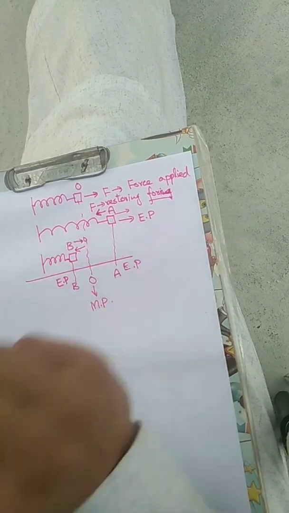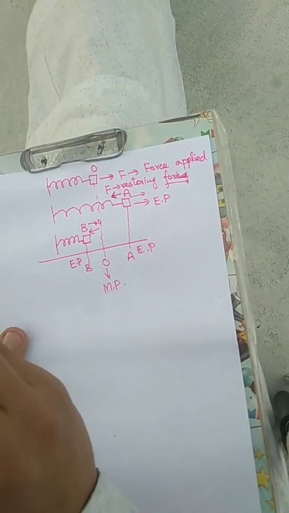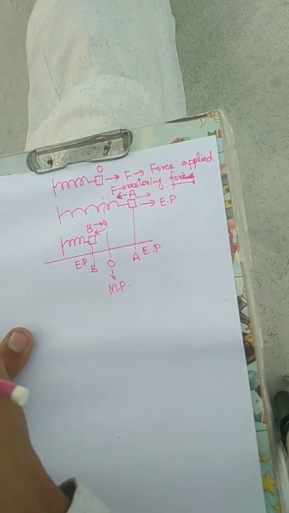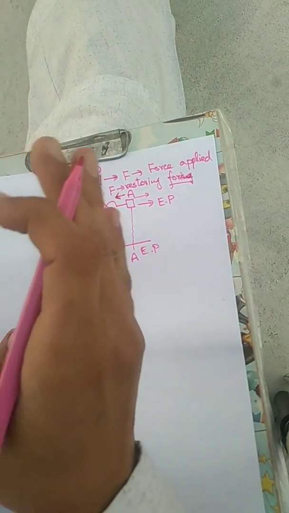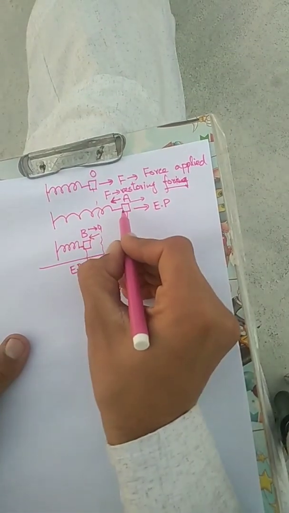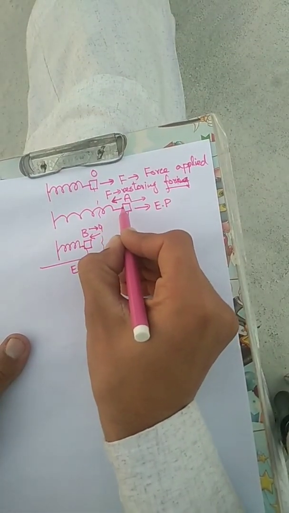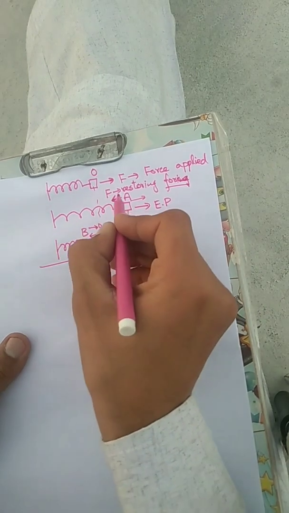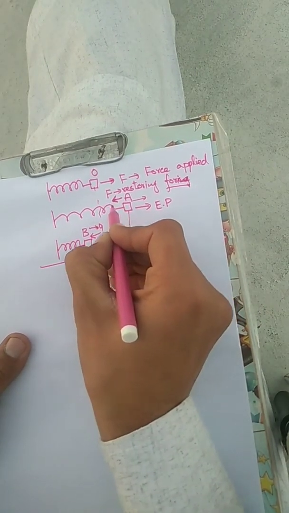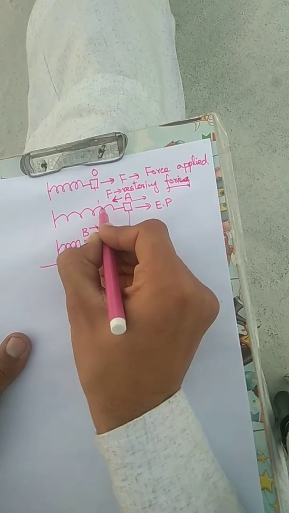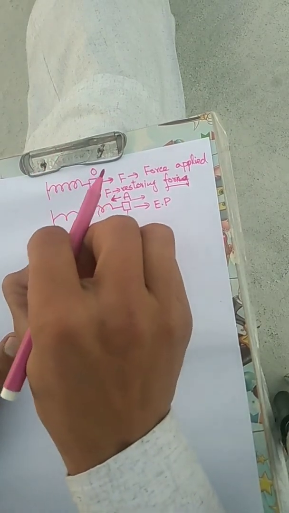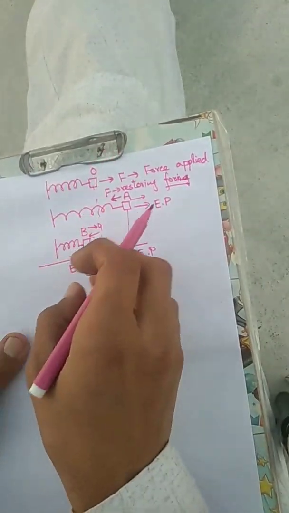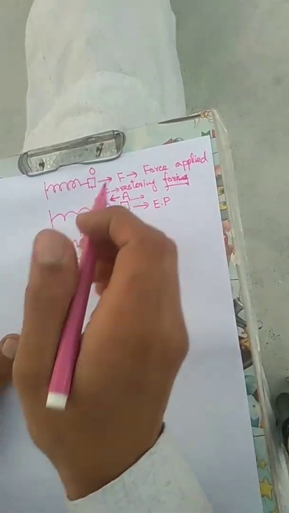It is because of inertia. Inertia is that characteristic of a body due to which, if an object is carrying any uniform motion, it continues its uniform motion. So this mass spring system has uniform motion once it starts moving from point A towards B. As it possesses uniform motion, it does not stop at point O due to inertia, because inertia is its ability to continue its uniform motion.